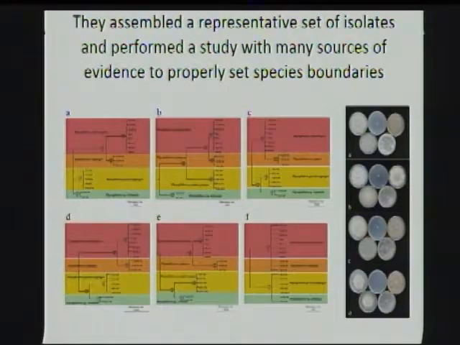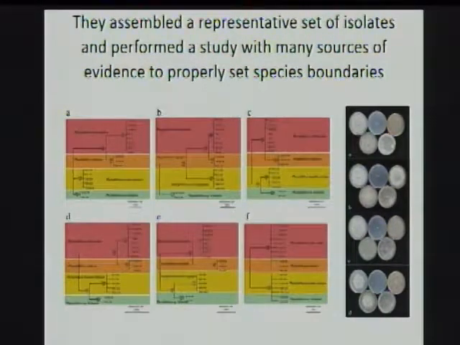The group took the time to assemble a worldwide collection of relevant strains. That's really important, and it's really difficult because these are quarantine pathogens. For good reason, we don't want to just be sending them willy-nilly across continents without a lot of care being taken. And they used a lot of different genes, and they also used other methods.